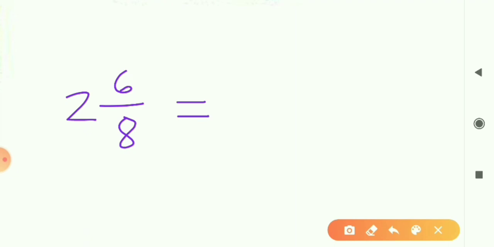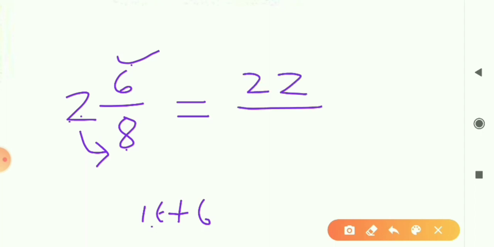How will you do this? It's very easy. You will just multiply the whole number, which is 2, by the denominator, that is 8. So 8 times 2 is 16. Then the numerator, which is 6, you will add to 16. So 16 plus 6 is 22. So it will be your numerator. Upon the denominator you will write here. So 22 upon 8. Clear?